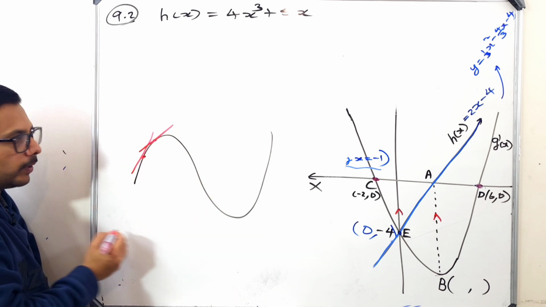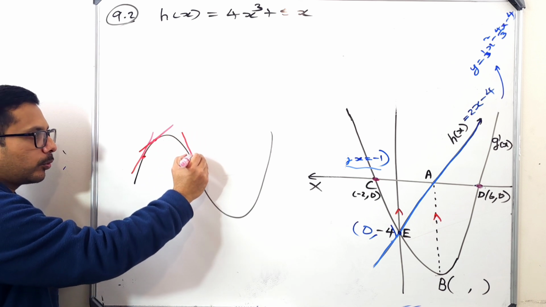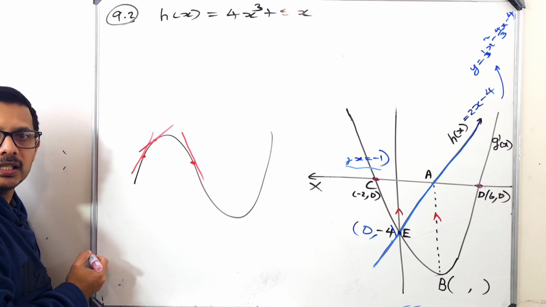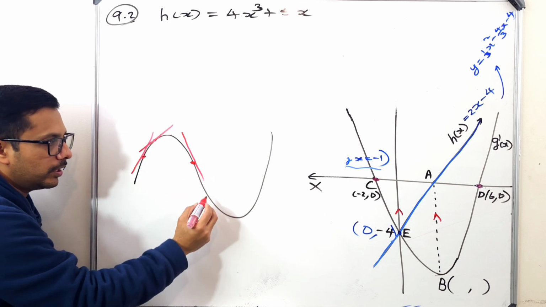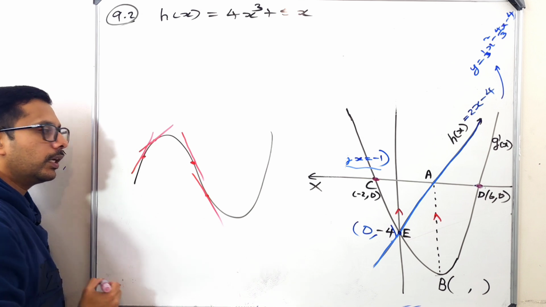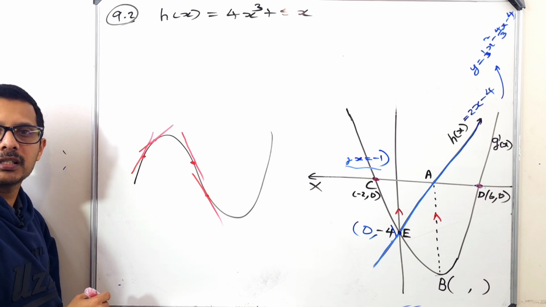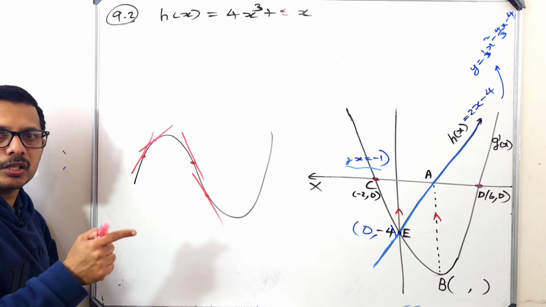Positive gradient. Okay, so if I draw a tangent here, what about the gradient? It is negative, am I right? Because the tangent is decreasing, the straight line is decreasing. If I draw a tangent here, what about the gradient? It is negative. So here they are asking, assume that this is h of x.